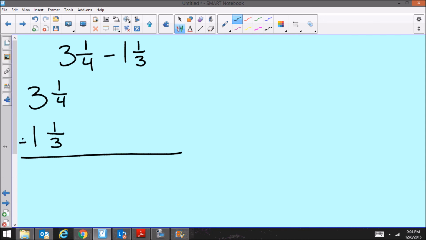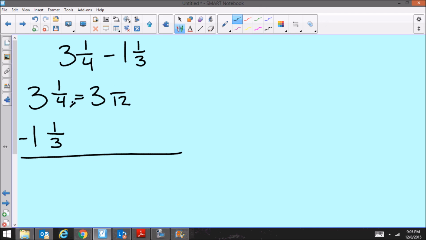Alright, so we're subtracting. In our last example, we established that 12 is going to be our common denominator. So I'm just going to go ahead and find the common denominator before I turn these into improper fractions. Make my life a little bit easier, I think.